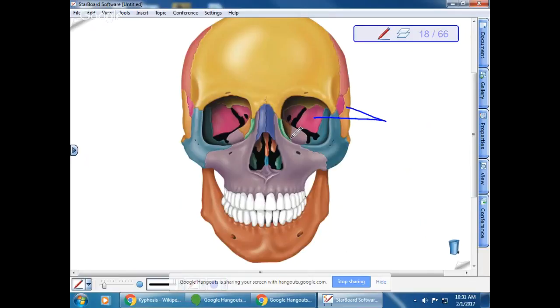The sphenoid, there's actually a place where the pituitary gland sits. They kind of actually make up the inside of the skull, okay? So the pituitary gland sits there in the sella turcica, right? And then also it makes up part of the inner orbit of the eye. And then if we look at this bone, this would be ethmoid.